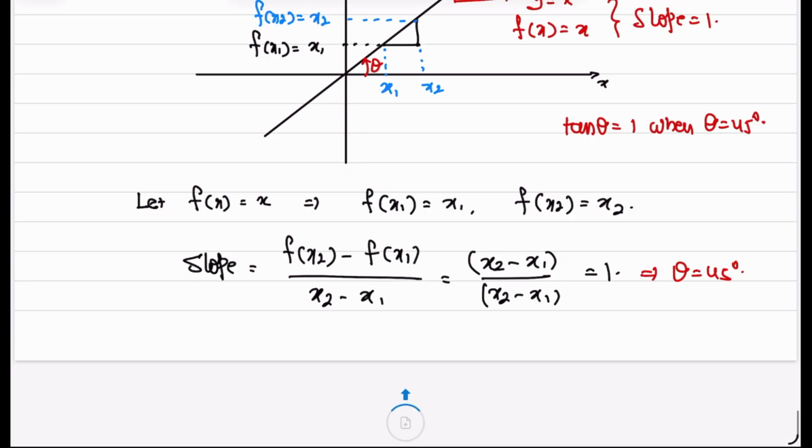and the equation will be y is equal to x, or function x is equal to x. These are the different functions, and another polynomial function will be function x is equal to ax square plus bx plus c. It's a square function having power 2, and it will be a curve. It cannot be a straight line.